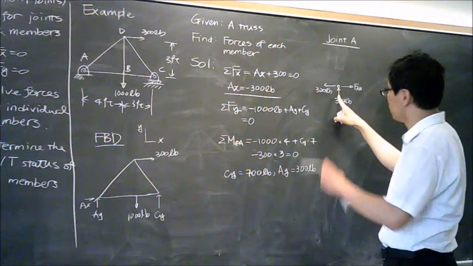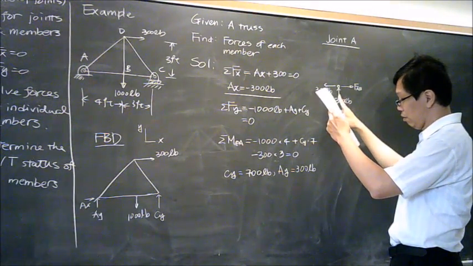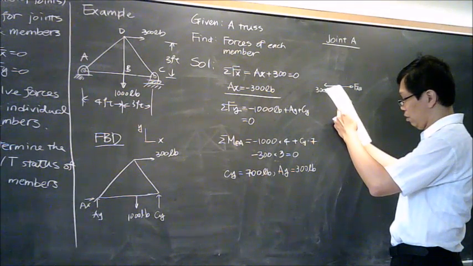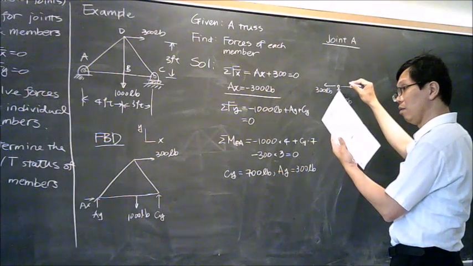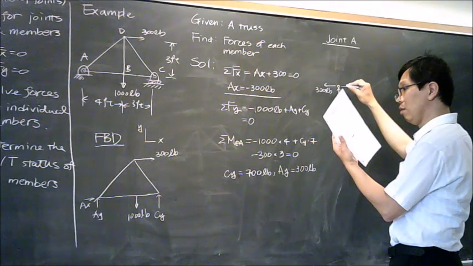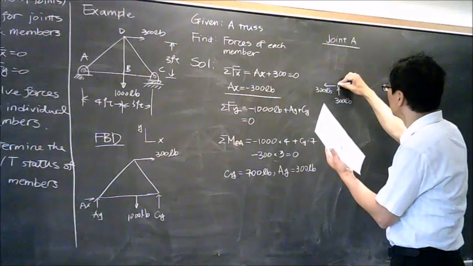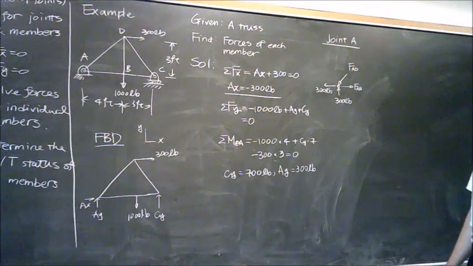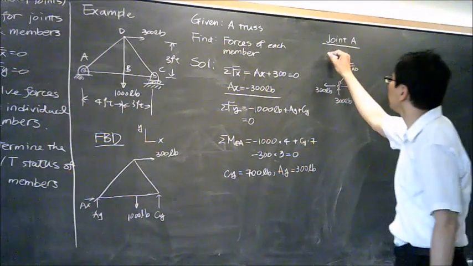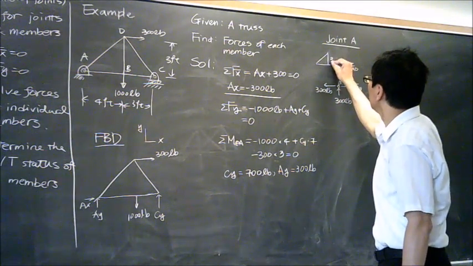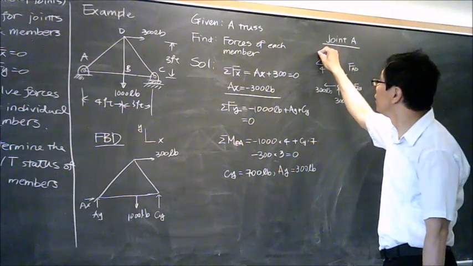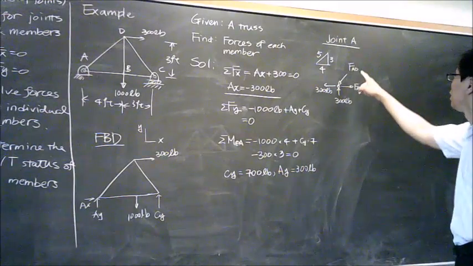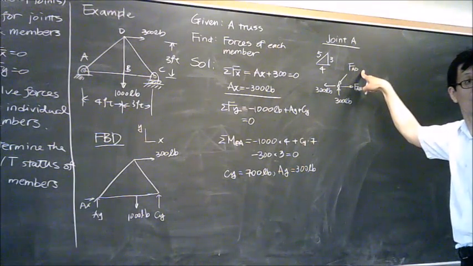And since I have a force over here like this, and the orientation of AD is 3, 4, this must be what? 5. So we should be able to figure out the direction of FAD from here.